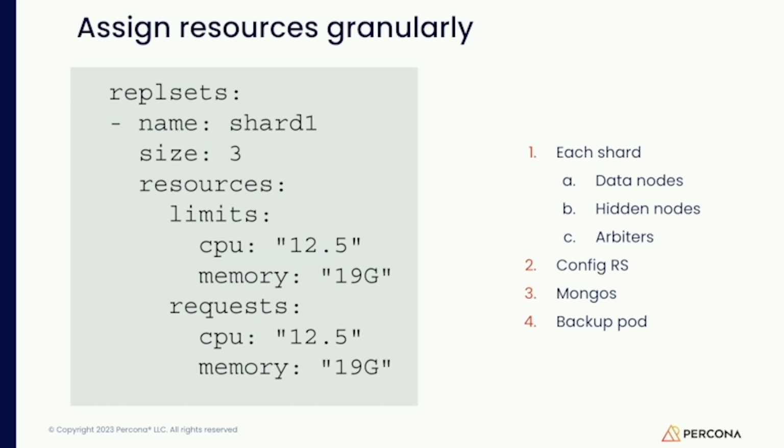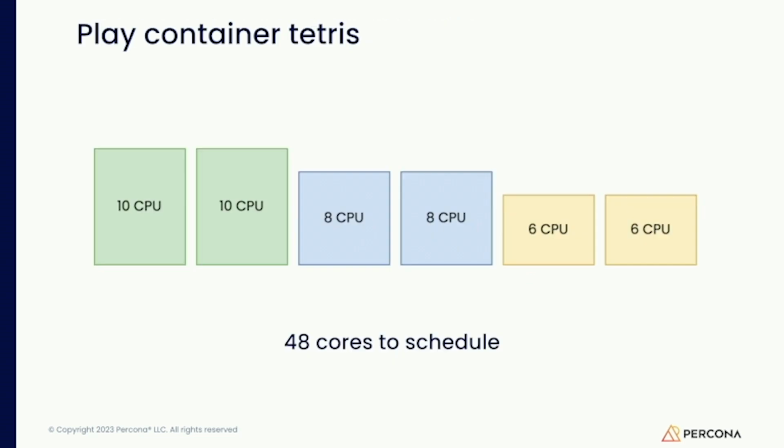So now, with all this granularity and control, comes what I call container Tetris. To explain the concept, like why the size of your worker nodes matters versus the container sizes that you actually run, especially on a smaller scale, let's have a look at an example where you have 6 containers that need to be scheduled.